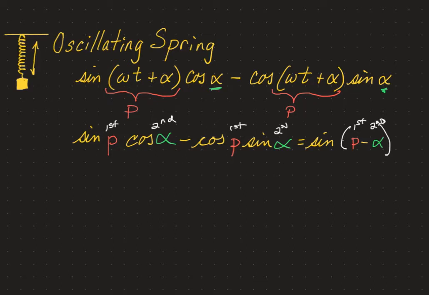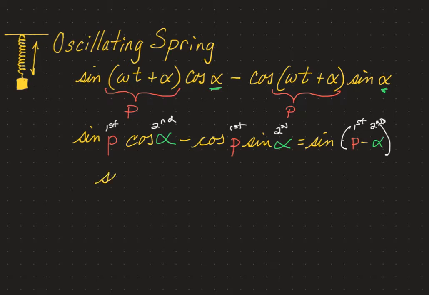But we do not have the original variables, so that's what we need to do now. We substituted p for this more complicated expression. Now we need to get back to that expression for our final answer.